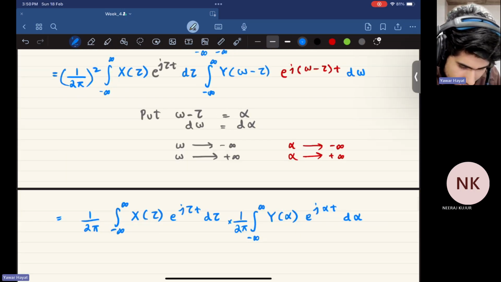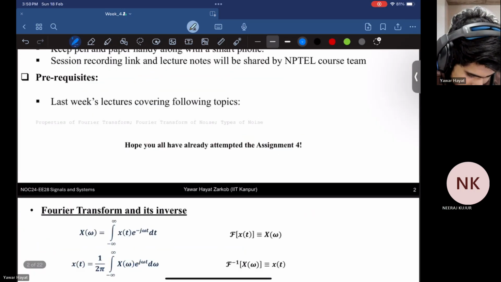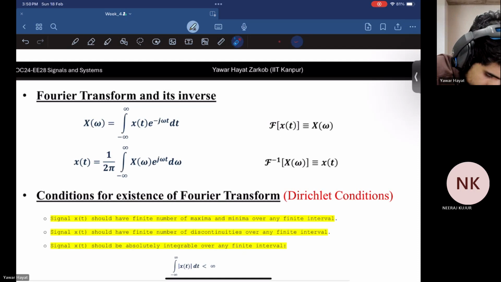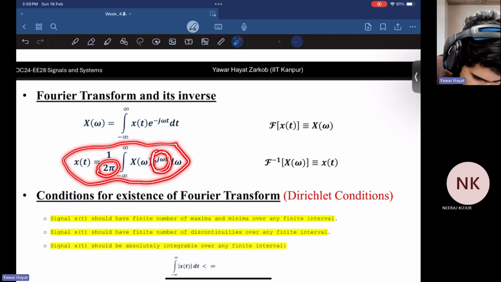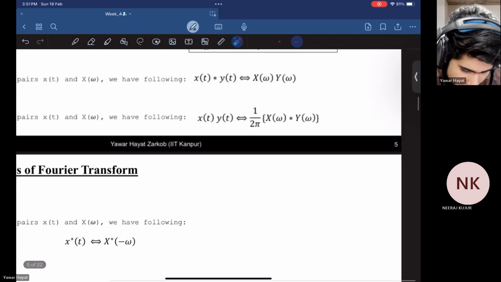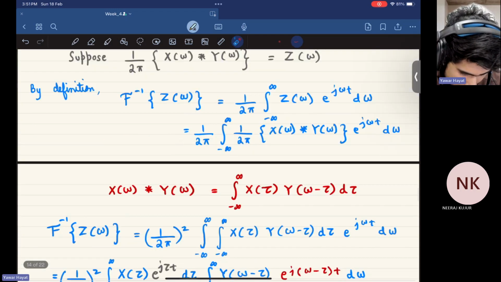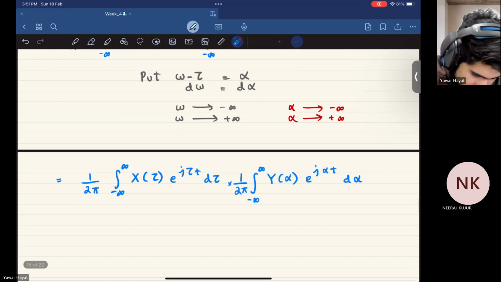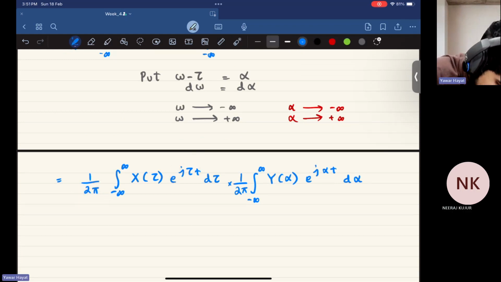I can in fact show you this equation. Notice this 2 pi and positive e to the power j t, right? Let's go back to our equation, right? So I'm using that.